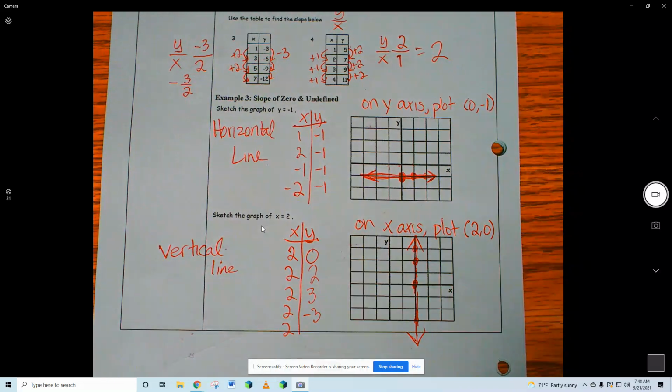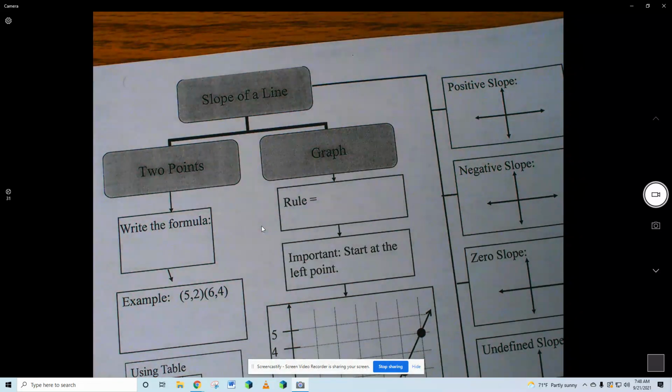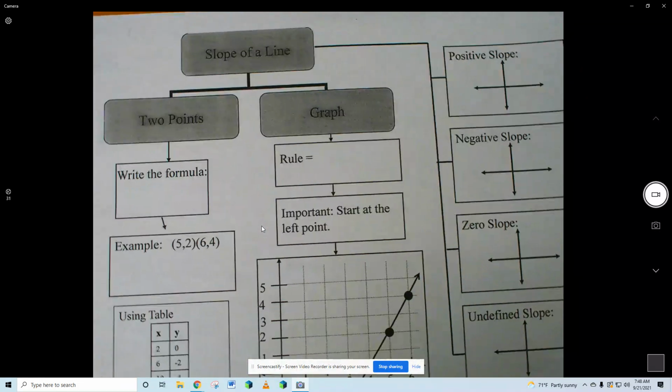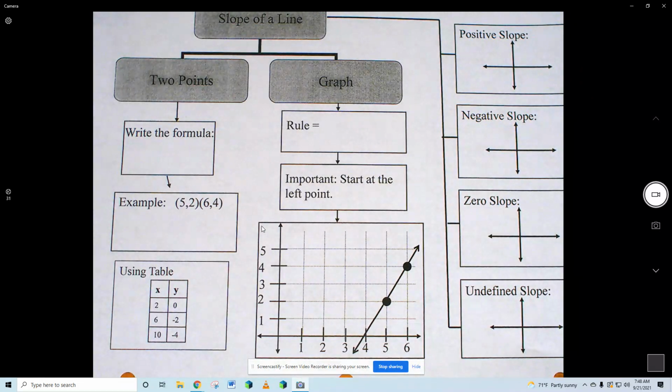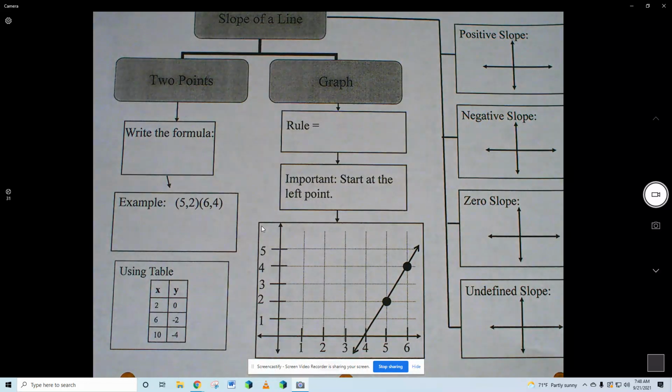So now let's discuss this graphic organizer that you got. On this graphic organizer, I have 2 ways to find slope.